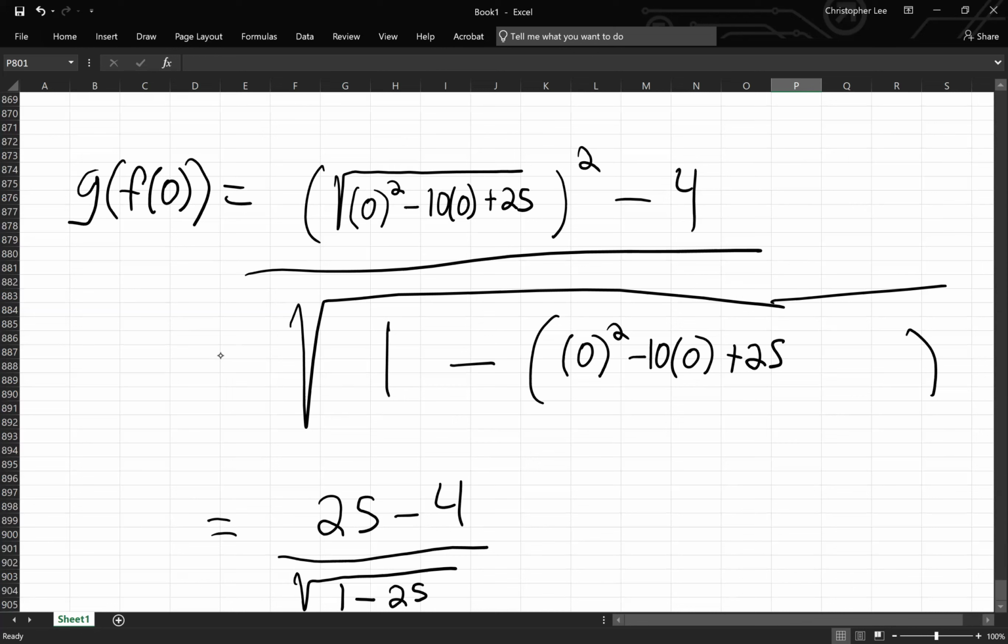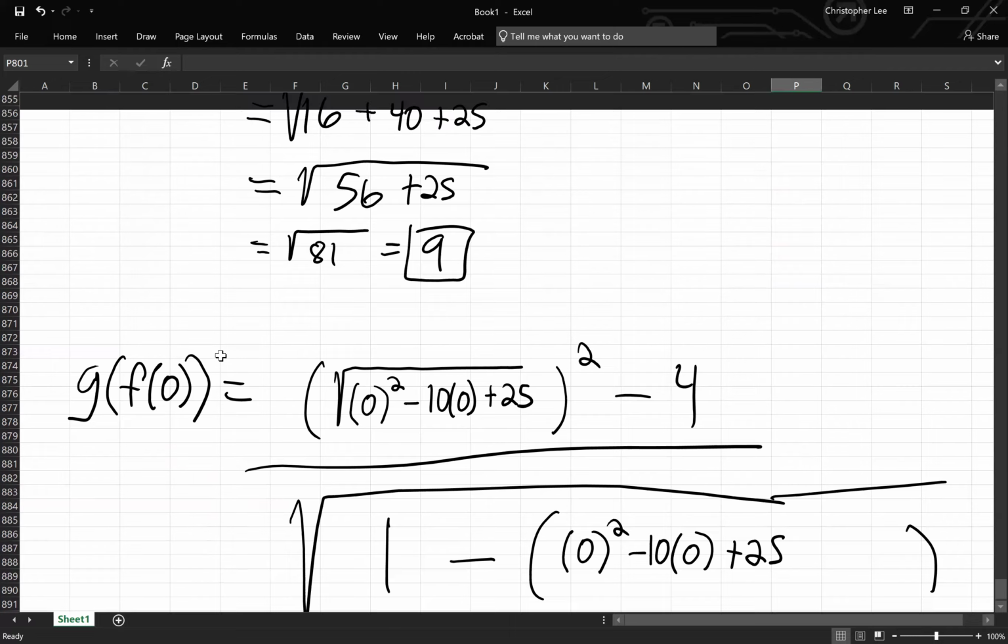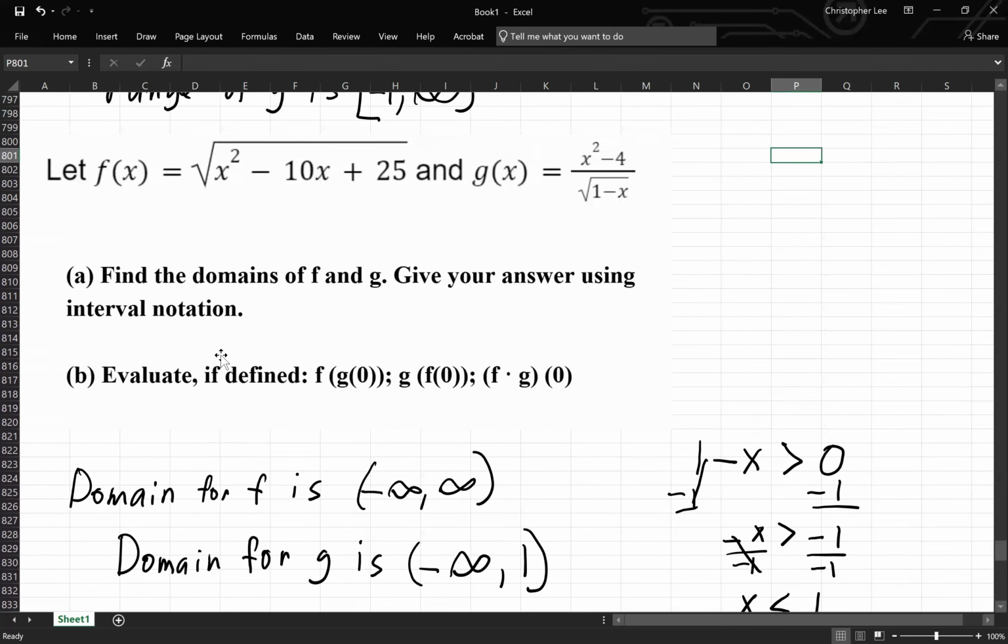So what does that mean? Let me not say no solution, because that's implying something else. Let me change that up. It does not exist. So what does that mean? That the value I chose for x in this question, which is zero, doesn't work. It does not exist at that point.